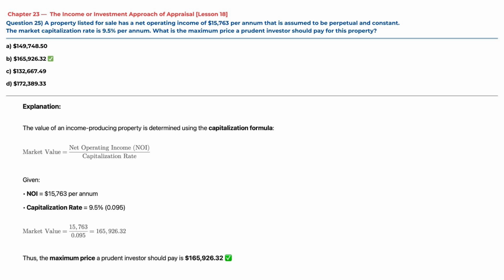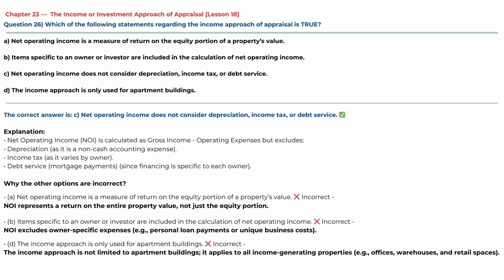Market value equals 15,763 divided by 0.095 equals 165,926.32. Thus, the maximum price a prudent investor should pay is $165,926.32.